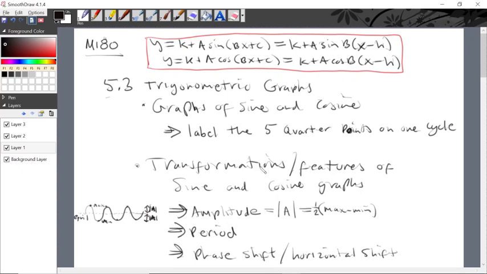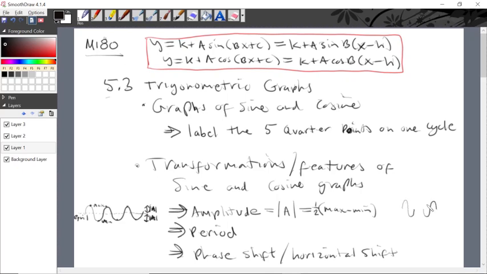If A itself, back in the equation, was negative, however, that's actually going to cause a vertical reflection of the wave. It would be the difference between, let's say, a sine wave which is shaped like this versus a sine wave which instead would go like this.